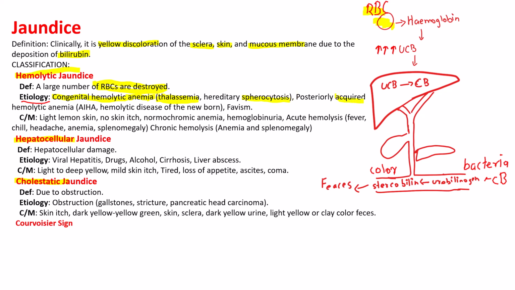Also, we have some acquired hemolytic anemias like autoimmune hemolytic anemia, in which our body's white blood cells attack our red blood cells, and the hemolytic disease of the newborn, which is discussed in great detail in immunology, because it happens due to a mismatch between the fetus's blood type and the mother's blood type, and favism, which is G6PD deficiency. So in all these diseases, there is a breakdown of a large number of red blood cells.